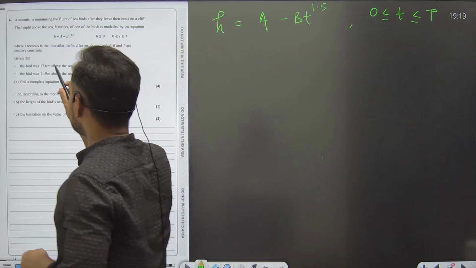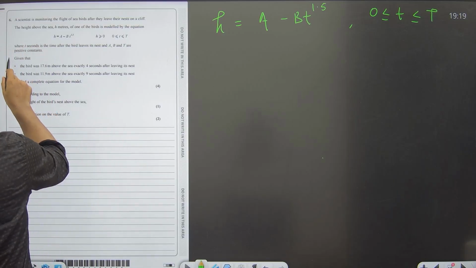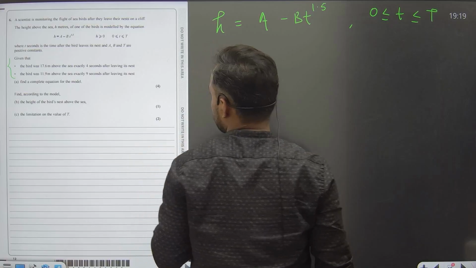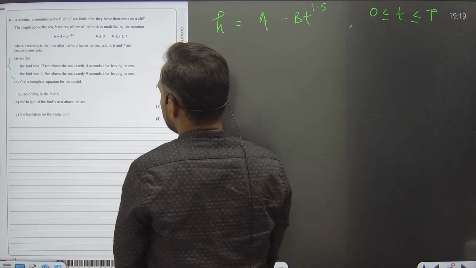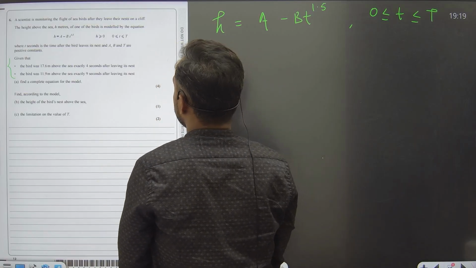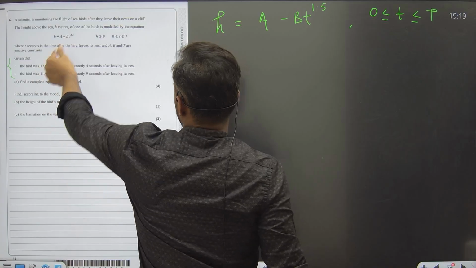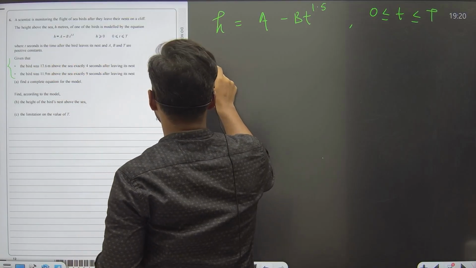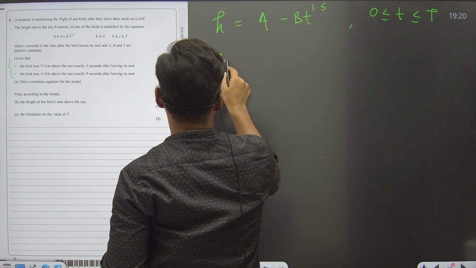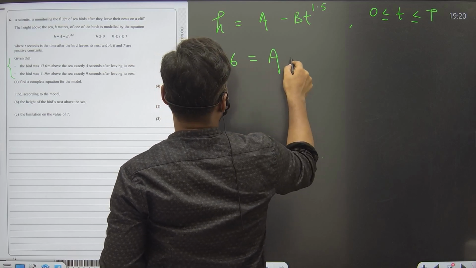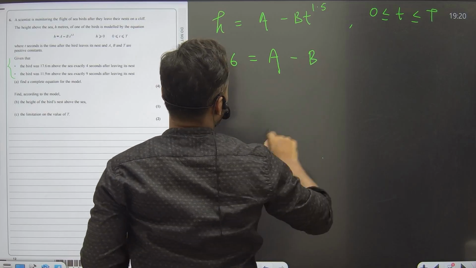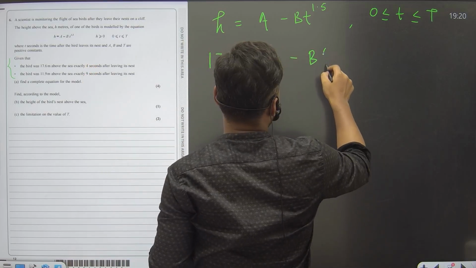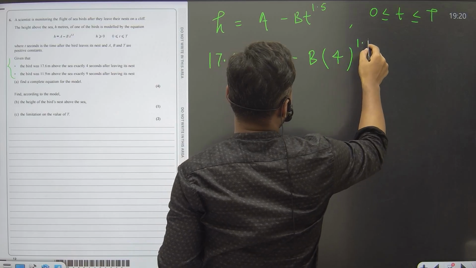Now you need to observe the statement here. The first part is that the bird was 17.6 meters above the sea exactly 4 seconds after leaving its nest. So the height is given after a time of 4 seconds. So the first statement I am writing here: 17.6 equals a minus b, t is 4 seconds, students, so we get 4 to the power 1.5.